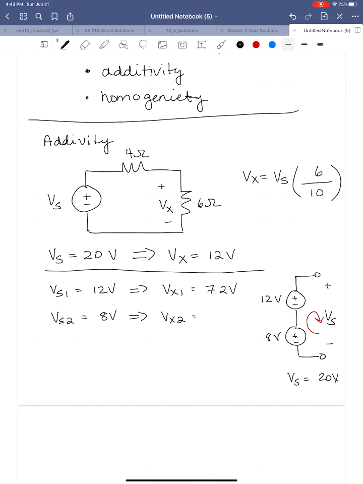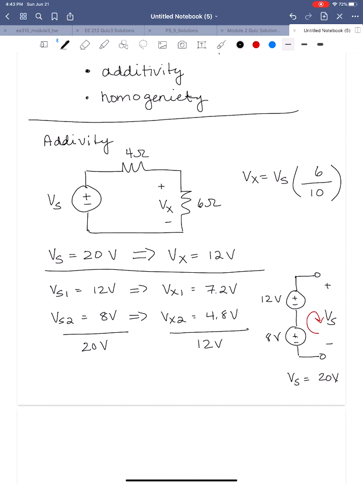And then Vx2 is going to be 4.8 volts, again just plugging 8 into that voltage divider equation. If we add these two voltages together, kind of like we did for this KVL equation, we'll get that total 20 volt source voltage. If we add the two Vx's together, Vx1 and Vx2, we will get 12 volts, which is exactly what we would expect Vx to be if we put a 20 volt source in place.